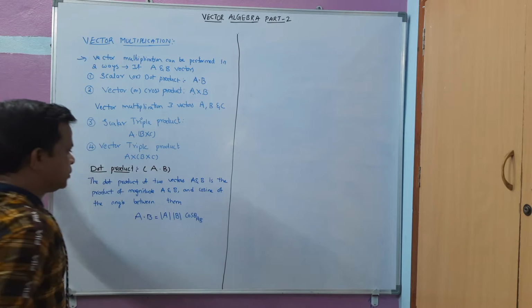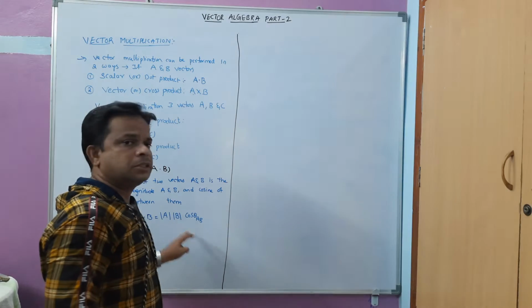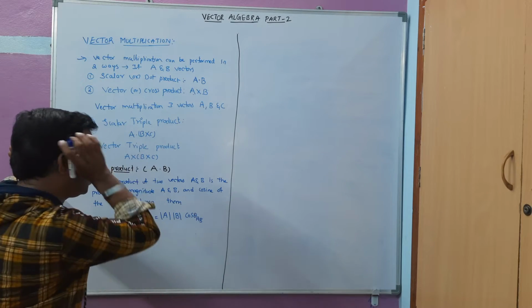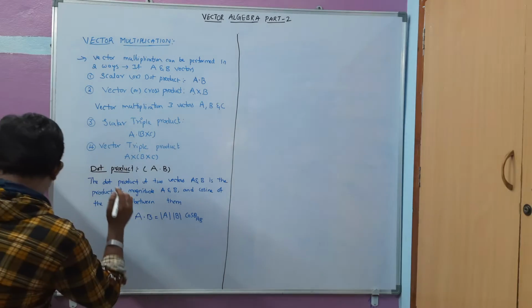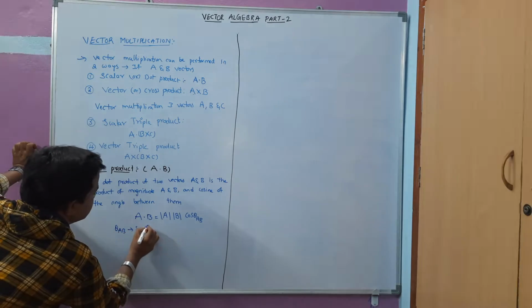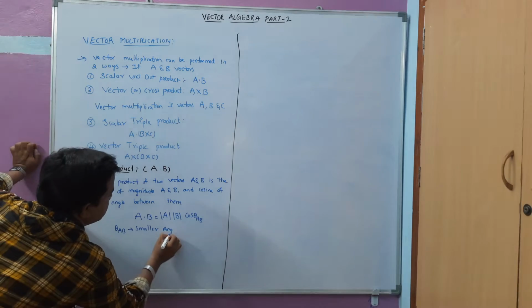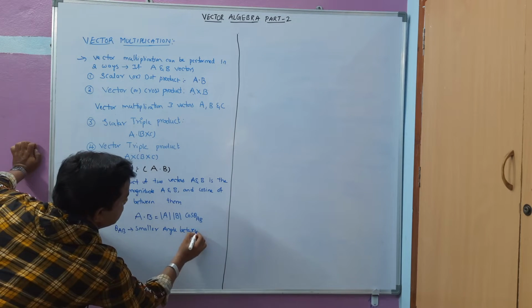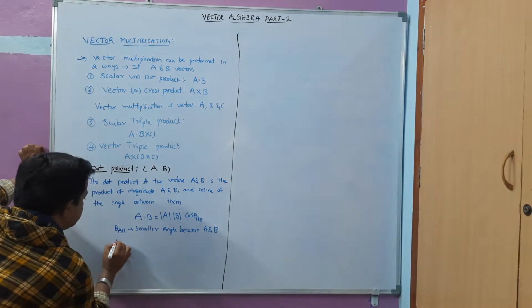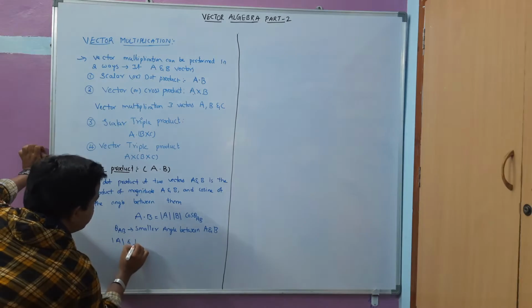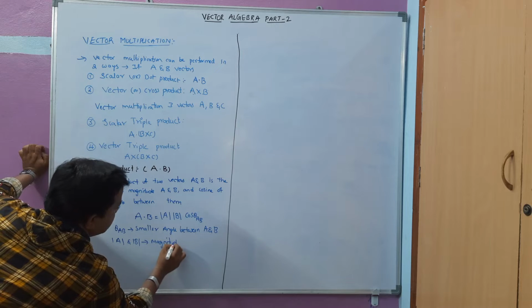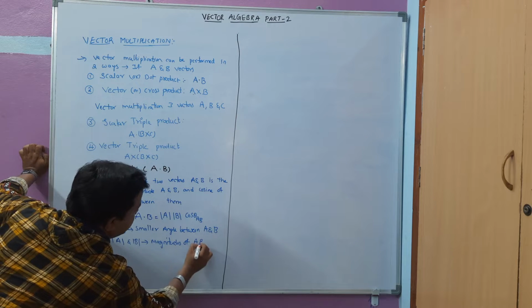Mod A and mod B give the magnitudes of vectors A and B, and theta of AB is the smaller angle between A and B.